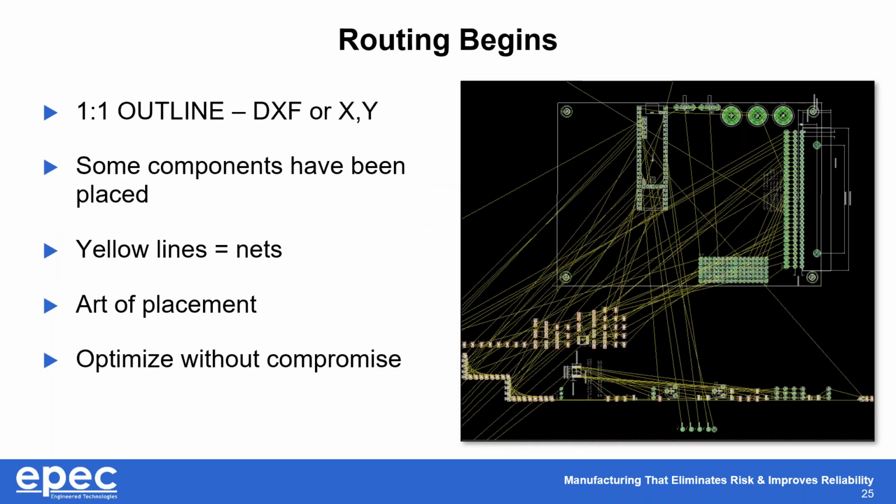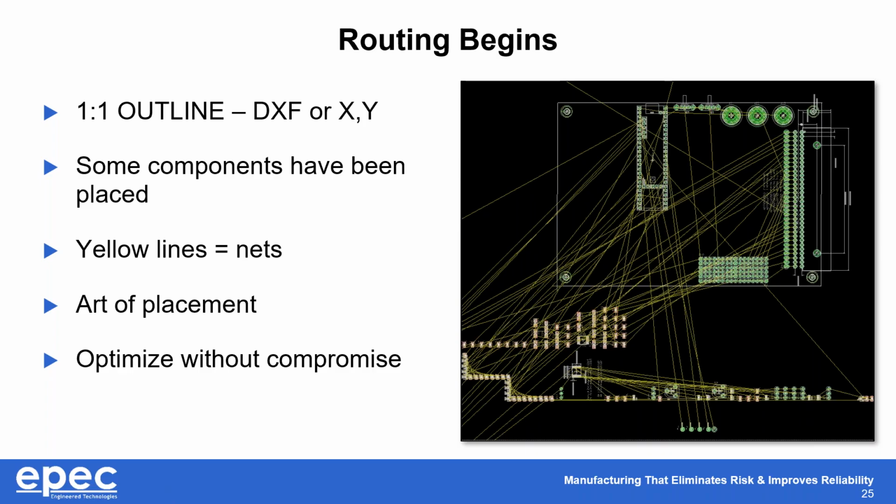Routing begins after we receive all the information and after we've talked about what we need to do. We'll use your outline as shown here on the right, and we'll start with the placement of the components, which is all of the green. All of the ones at the bottom are components that are left to be placed. And the lines drawn with yellow to the components within the board are the nets, showing where those connections are going to be.